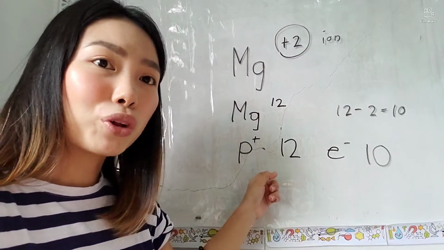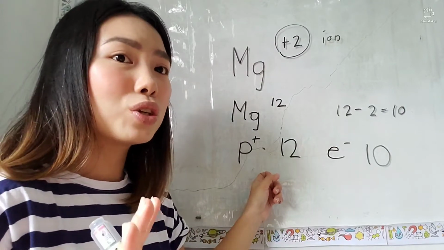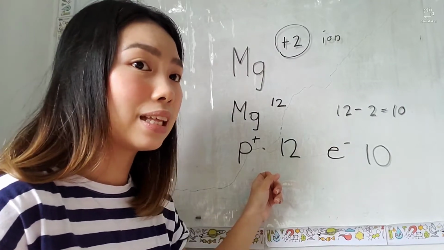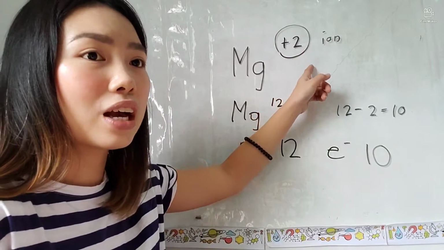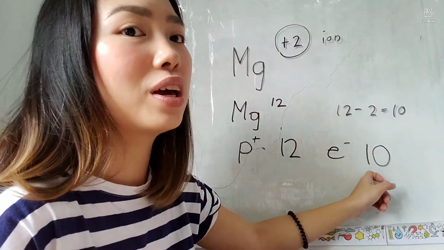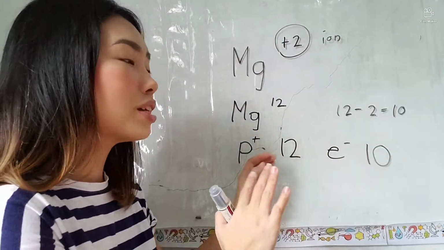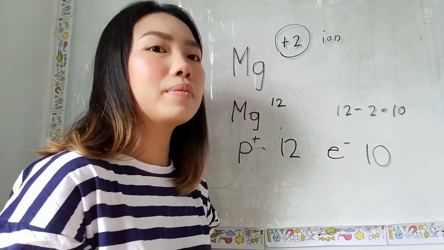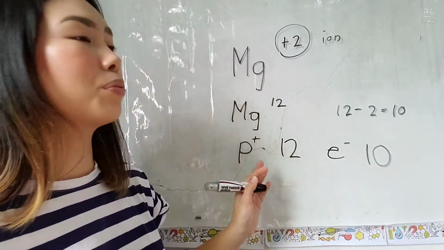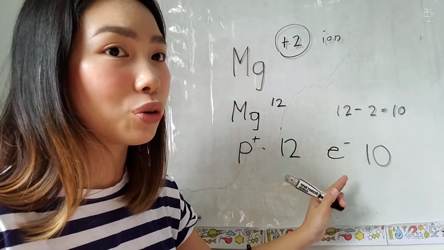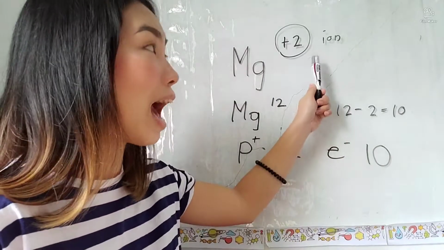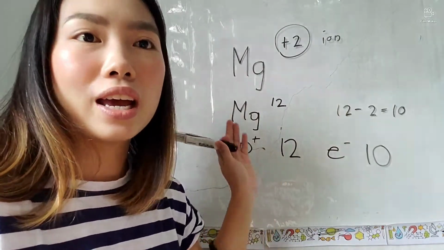Gagawin ko ba siya sa proton? No. So, yung pagbabawas natin ng ions ay gagawin mo lang sa number of electrons. So, ito yung sinasabi natin na hindi magkakaparehas ang number of protons sa number of electron if there is a present ion in your element.